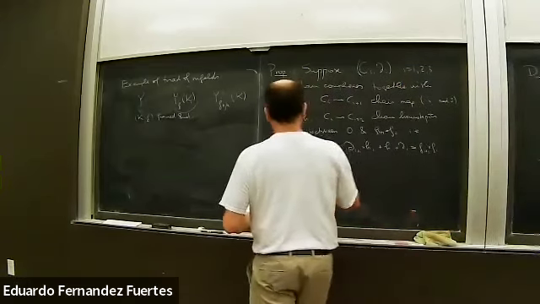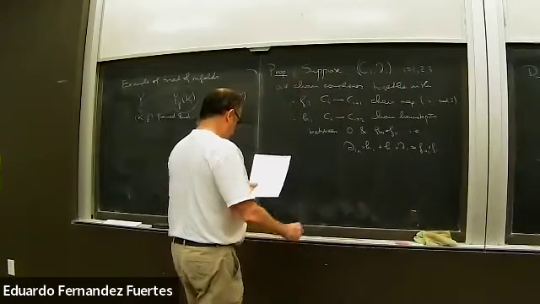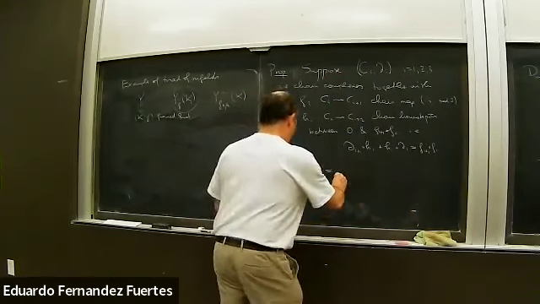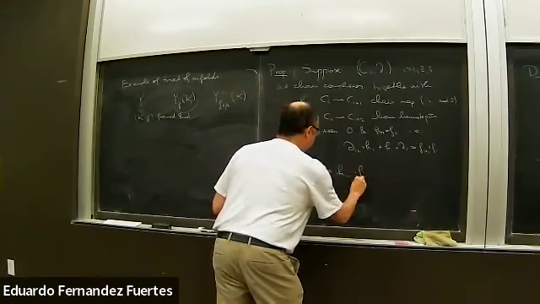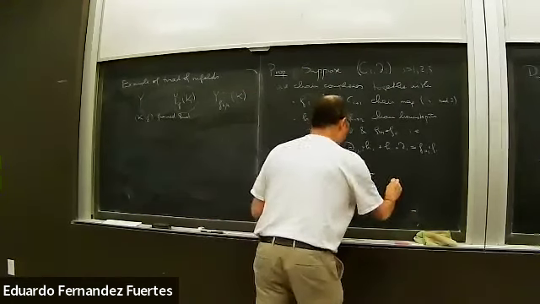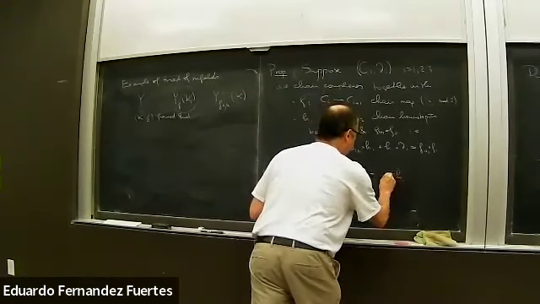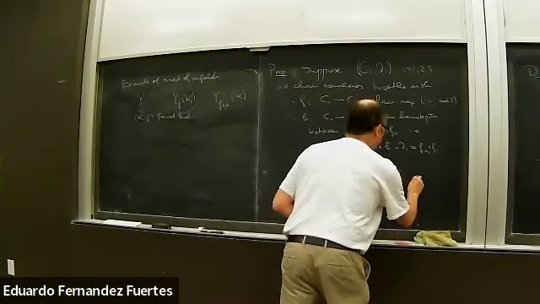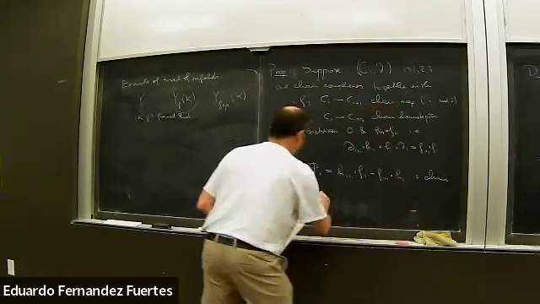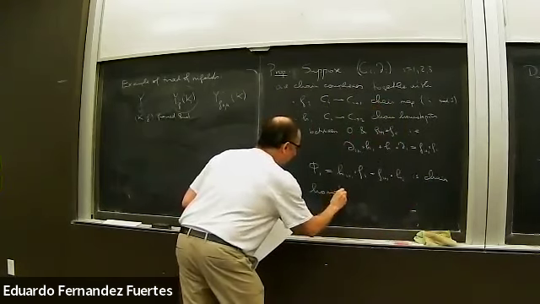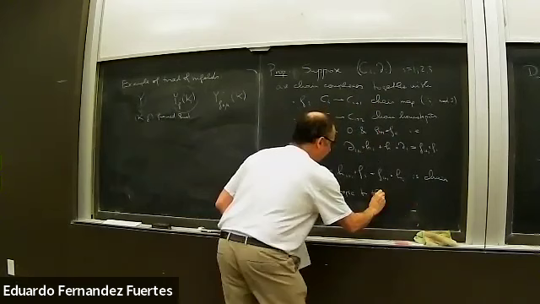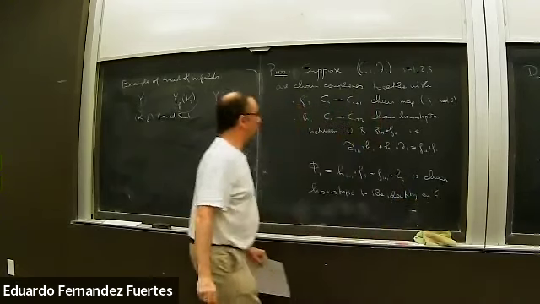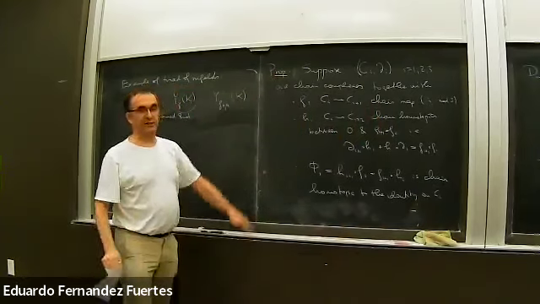The third one is a little less so, but we need that: phi_i, which is H_{i+1} F_i plus F_{i+2} H_i, is chain homotopic to the identity on C_i.